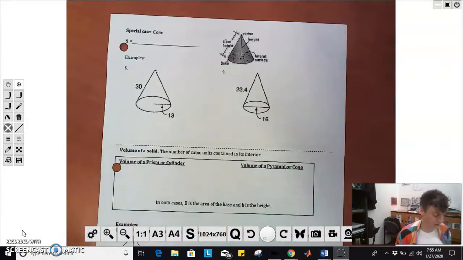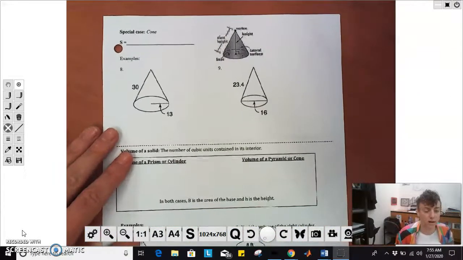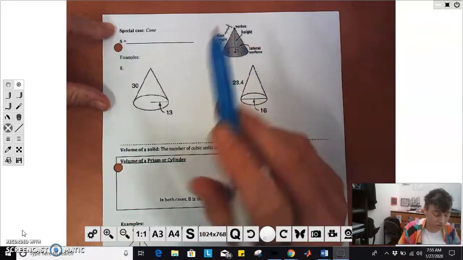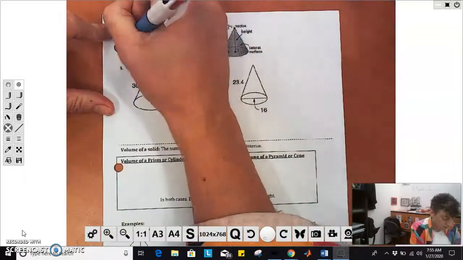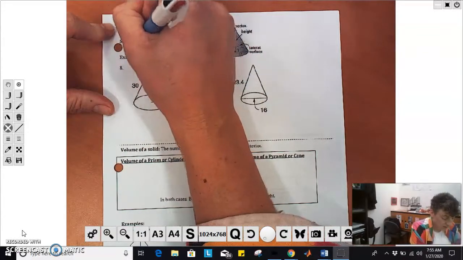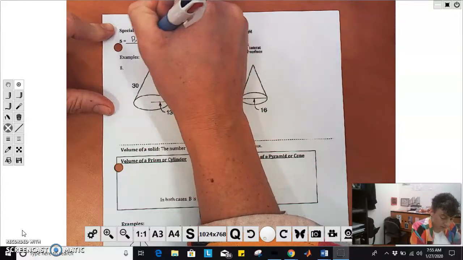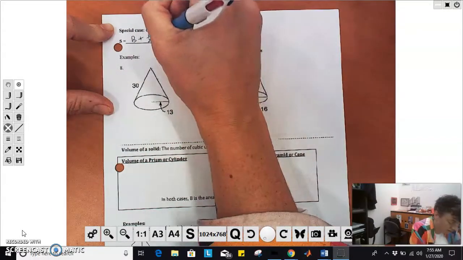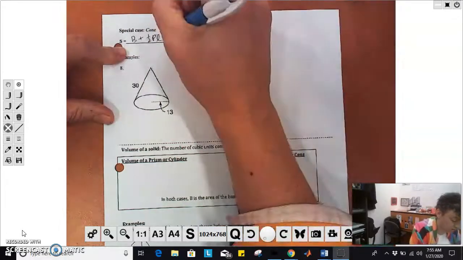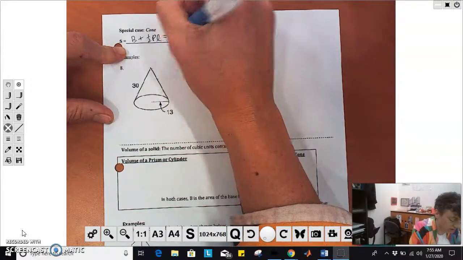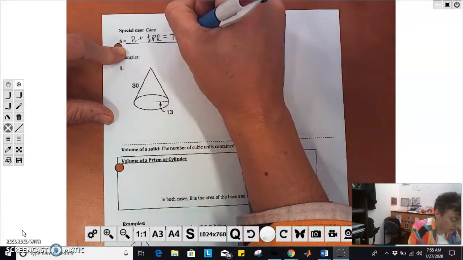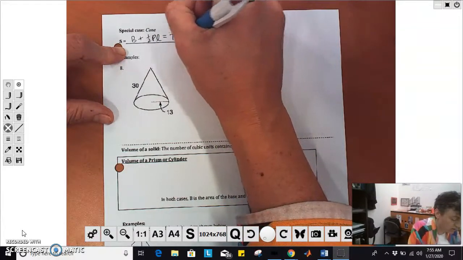We got a special case of our pyramids, which would be a cone, because its base is now a circle. So our surface area is still B plus 1/2 PL. However, area of our base now is area of a circle, which is pi r squared. And, oops, that's supposed to be a plus. Plus 1/2.